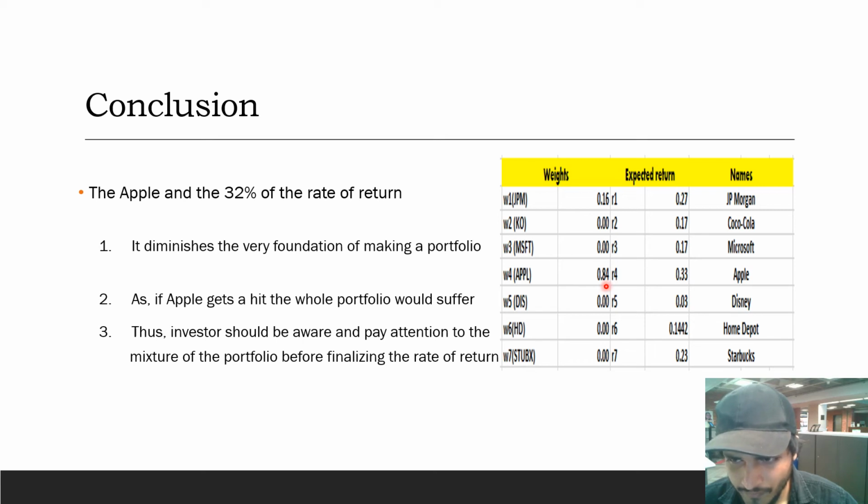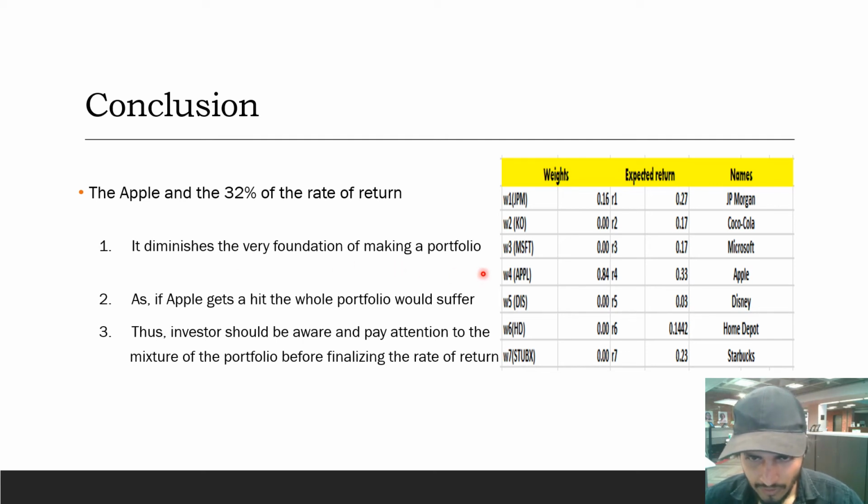Now, this might be suitable for a risk-preferring investor, but I highly suggest that he or she should not use a 32% rate of return, because if you select the rate of return at 32%, it diminishes the very foundation of making a portfolio.